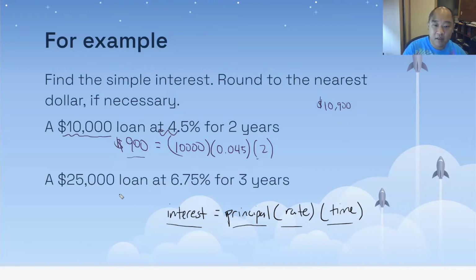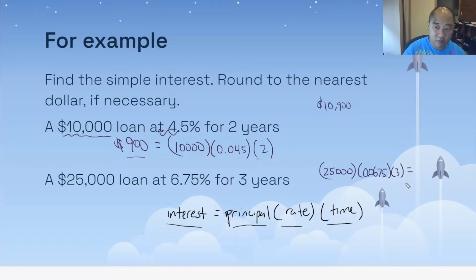Okay. The second one, $25,000 multiplied by 0.0675 multiplied by 3 years. Let's see what that is. 25,000 times 0.0675 times 3.